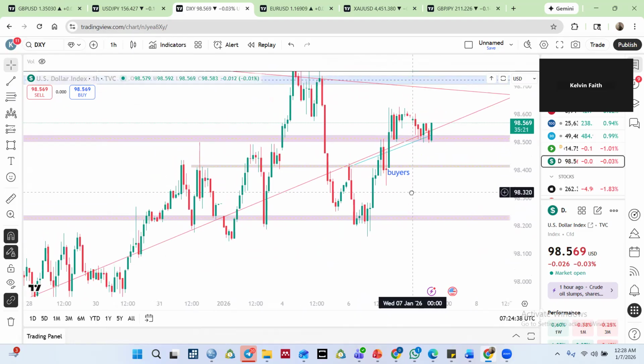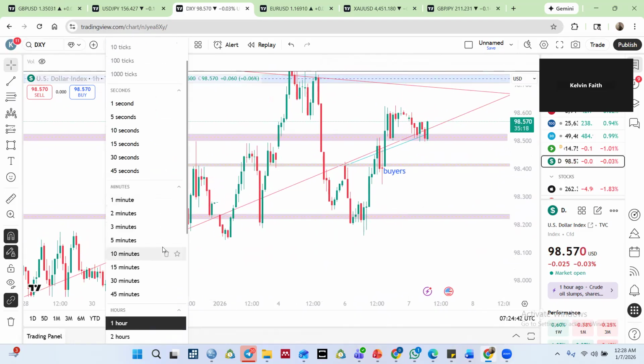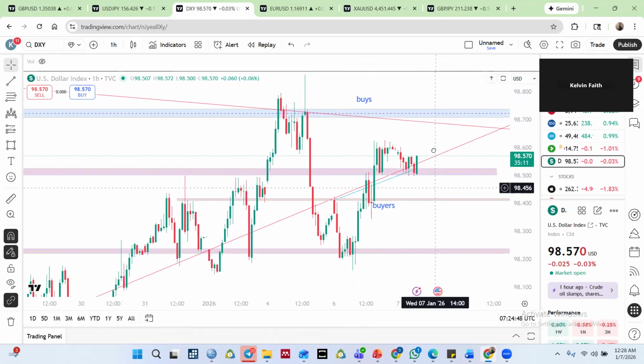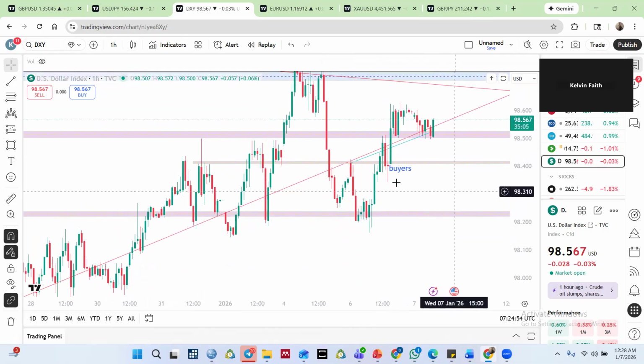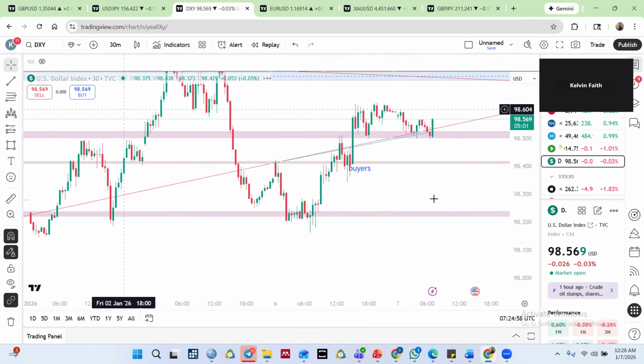We have to wait for London session and New York session to come, and then we will see the actual direction, whether it's going to push up or it's going to drop and stay below this area, crash this bias, and then we can get a bearish confirmation from 30 minutes. So from 1 hour you come to 30 minutes.